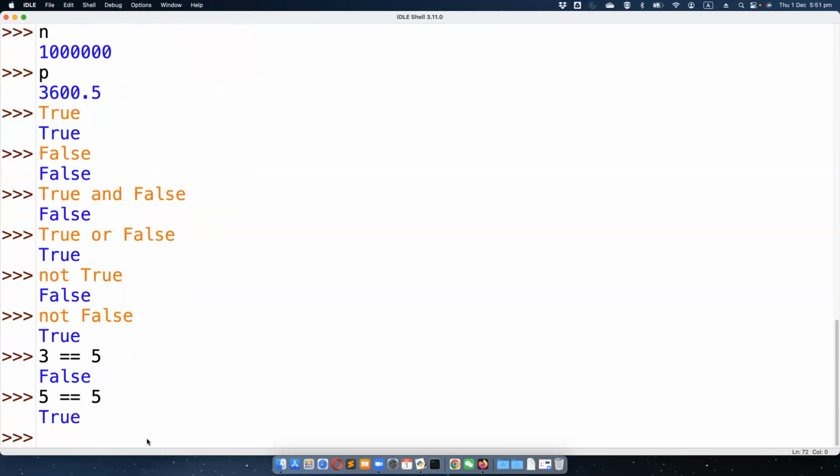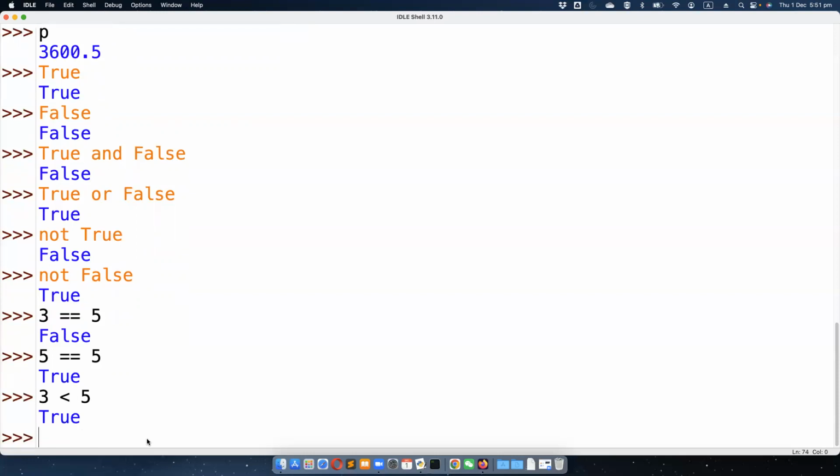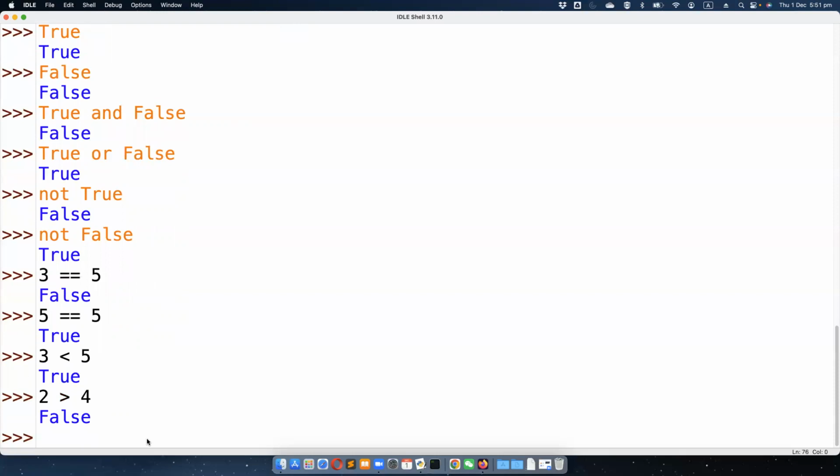It will produce True. And another example would be 3 < 5. It will produce True. And if it is 2 > 4, it will produce False.